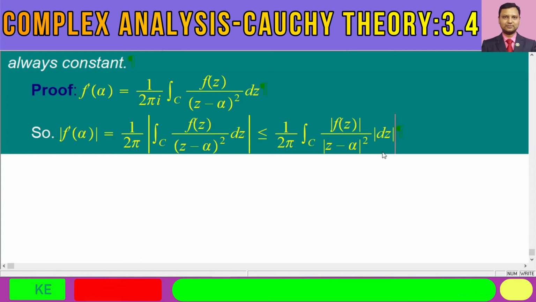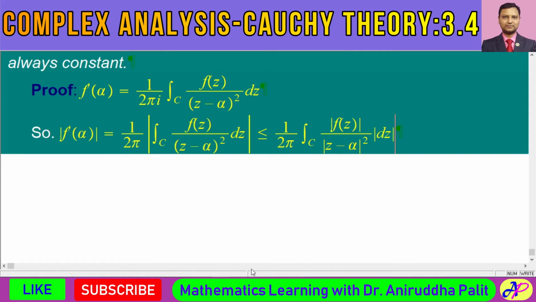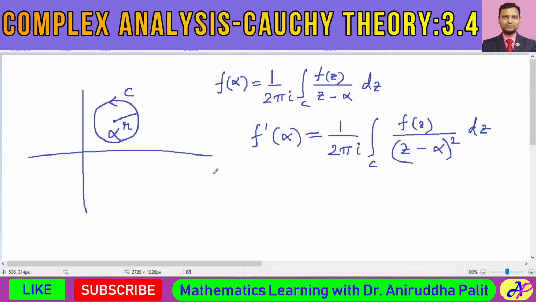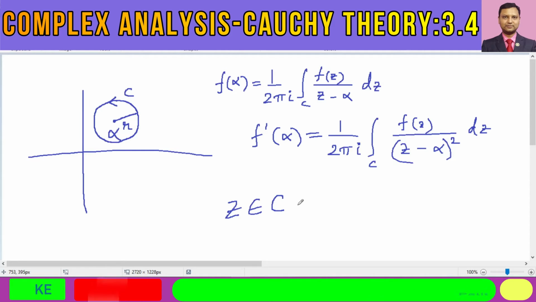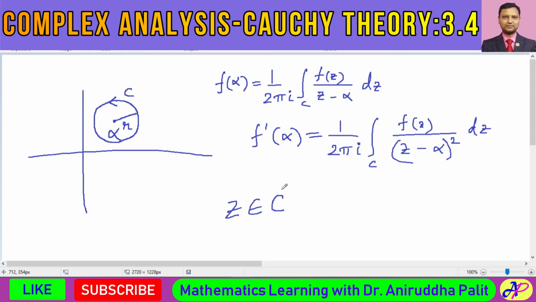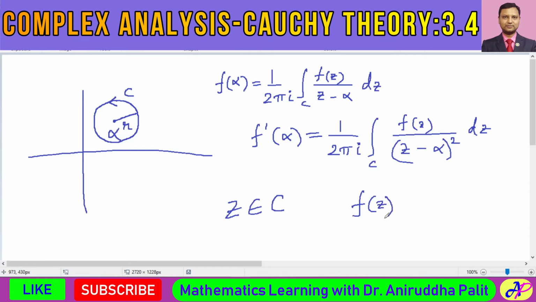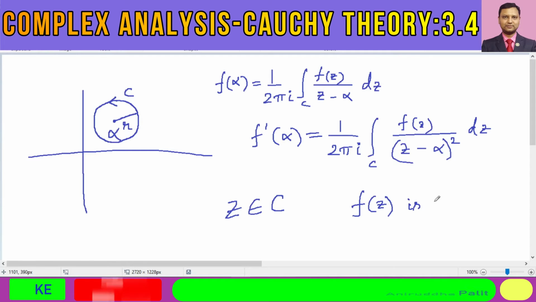Now you see over here, if you look at this picture, on this curve C we are making all these integrations. So the points z must lie on this curve C. And this curve is a bounded and closed set. If we have a function f of z which is analytic on any set, then it is differentiable, and if it is differentiable, then it is continuous.